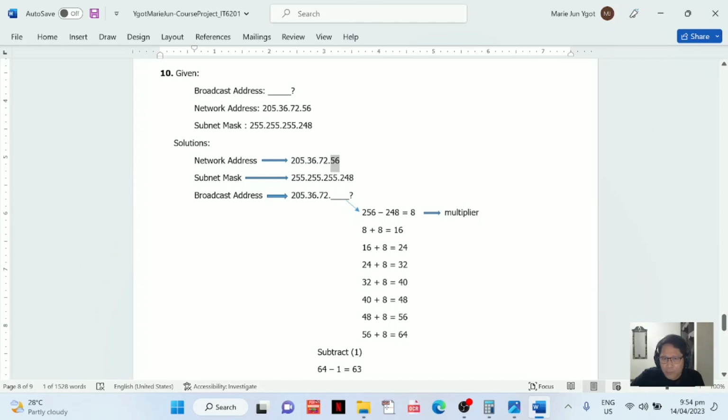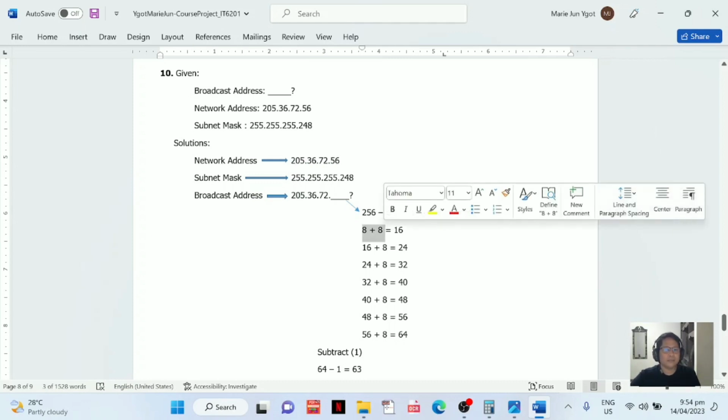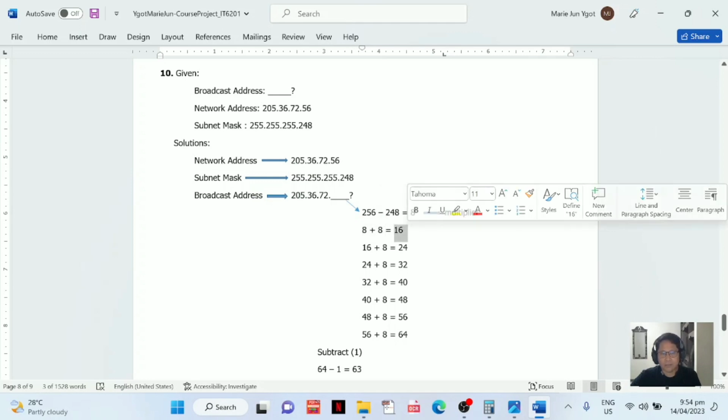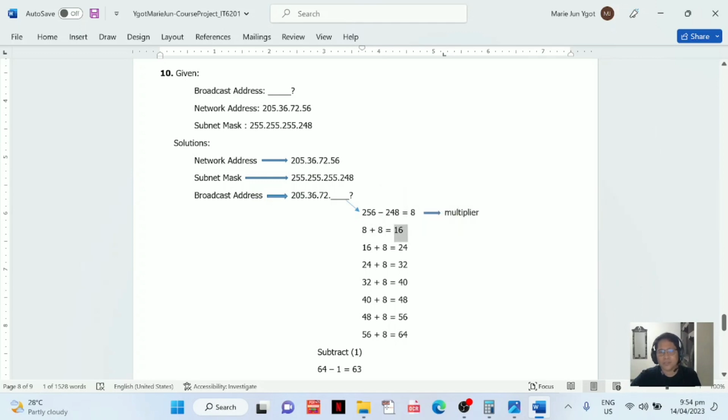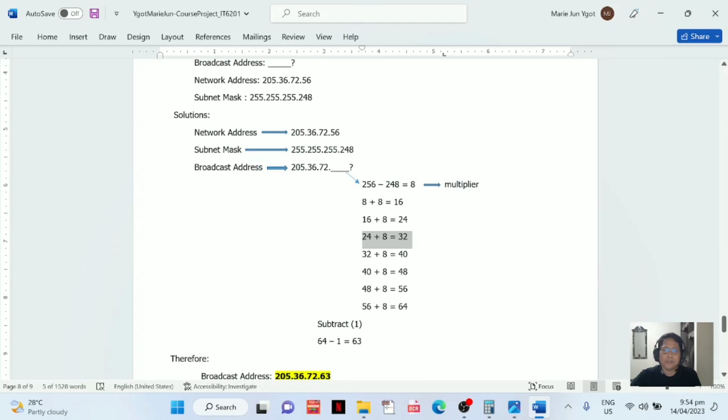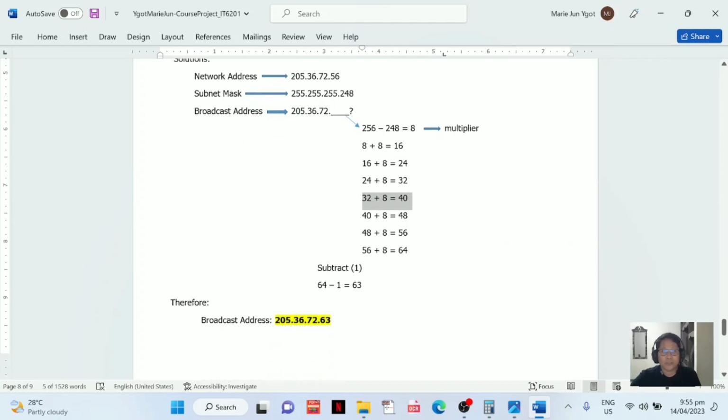If we add 8 plus 8, we get 16. Is 16 greater than 56? No, it's not enough. So let's add again. 16 plus 8 is 24. Is 24 greater than 56? Not yet. 24 plus 8 is 32.